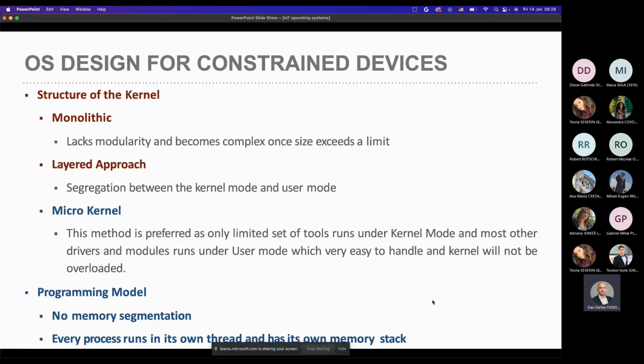Or you can have a layered approach where you segregate basically the kernel mode and the user mode. But given the fact that most of these processors that are running these operating systems do not have enough facilities for virtualization, do not have memory management units, this kernel mode versus user mode distinction is purely academical.